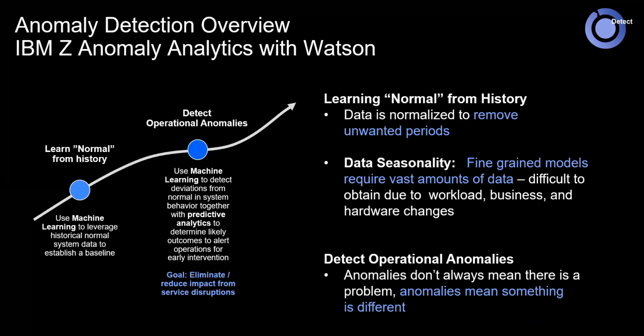So once we have the model of what's normal, we start looking at live data and how that compares to the model. What we're looking for are trends and patterns of when live operational data starts to deviate outside of what is normal for that period of time. In terms of metrics, this could be where KPI values are going too high or too low.